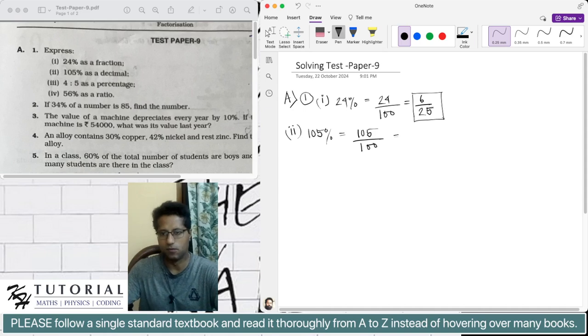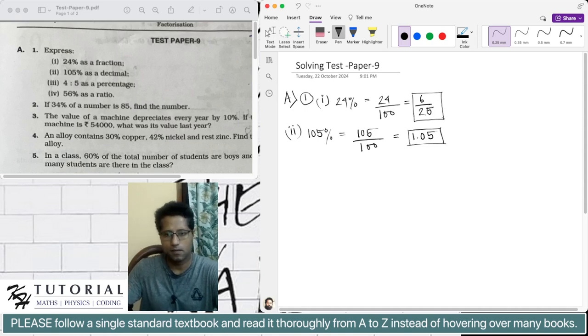Since the denominator is 10 to the power 2, we put a decimal point in the numerator 2 places from the right hand side. So it becomes 1.05. So 1.05 is the decimal when 105% is expressed as a decimal.